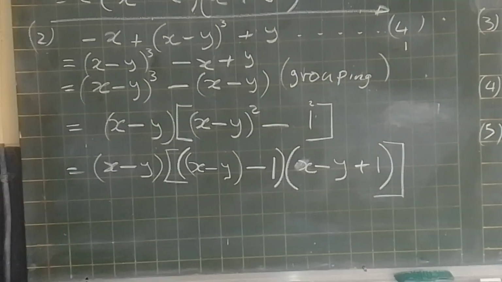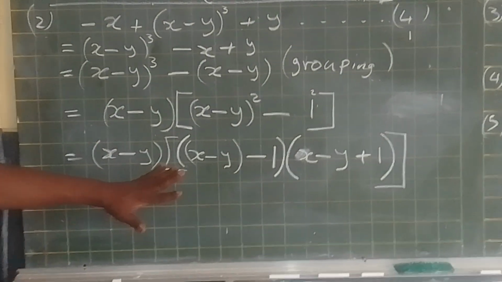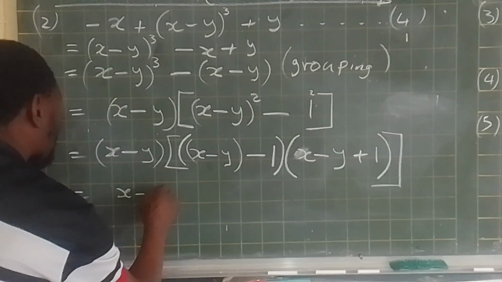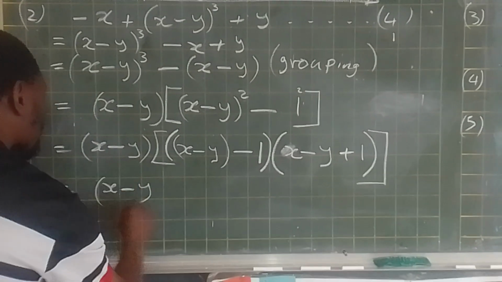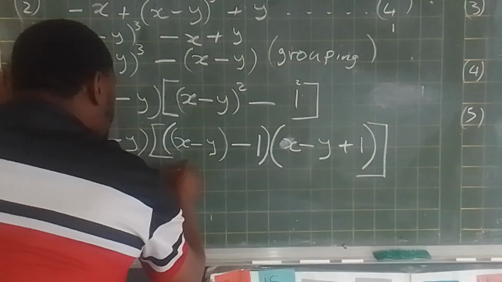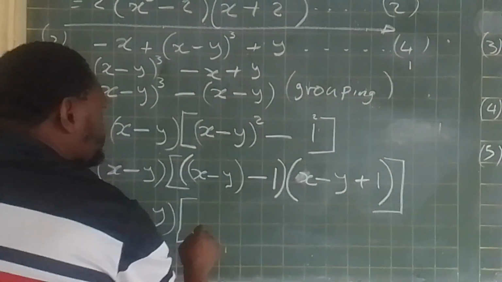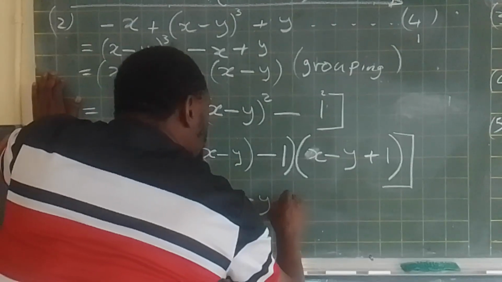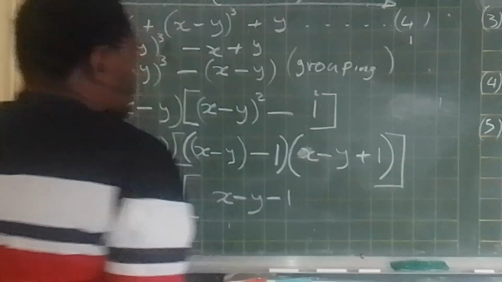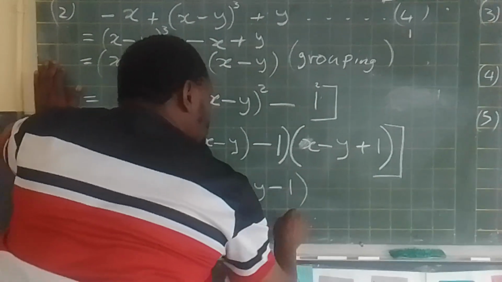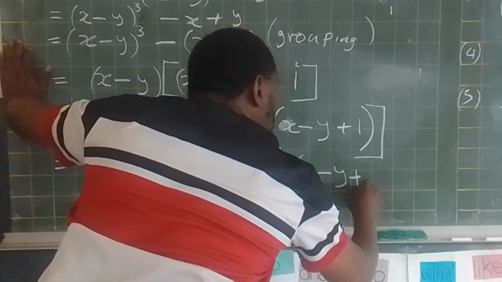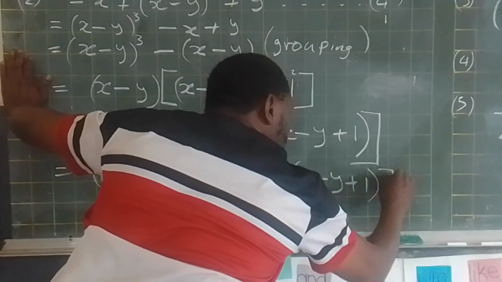Now you have factorized this fully and completely. So it's a matter of putting it in a proper way: x minus y minus 1, close the bracket, x minus y plus 1, close your bracket.